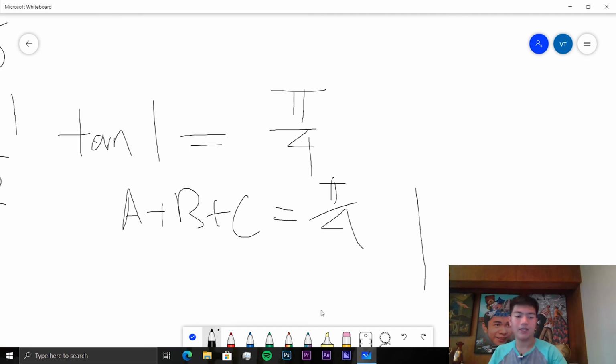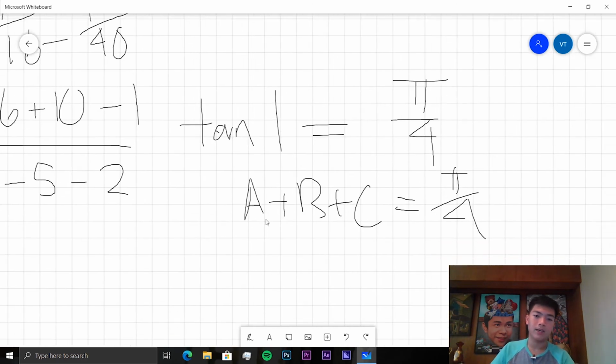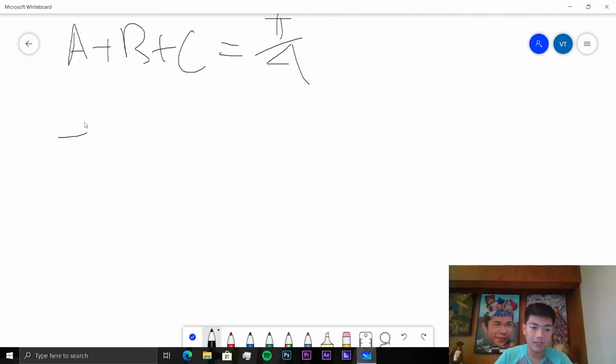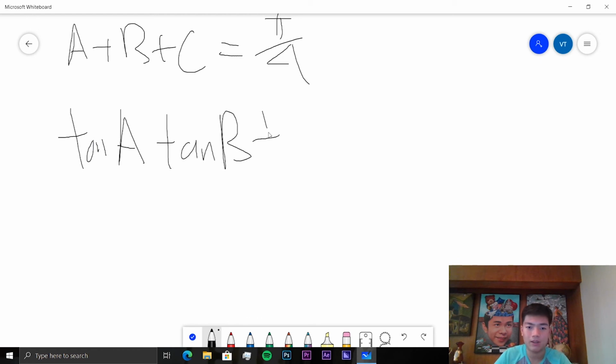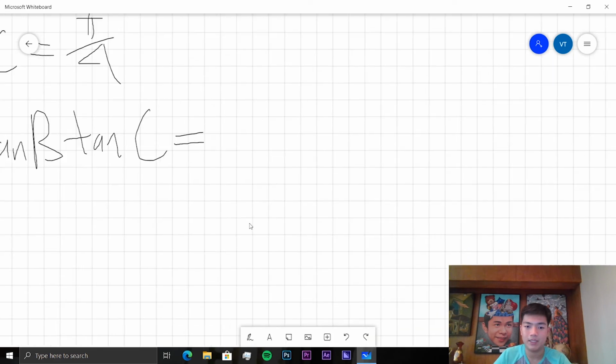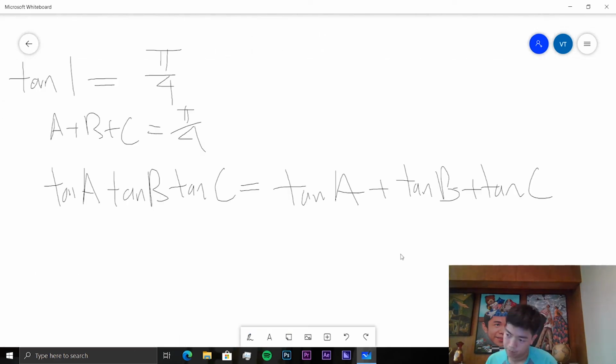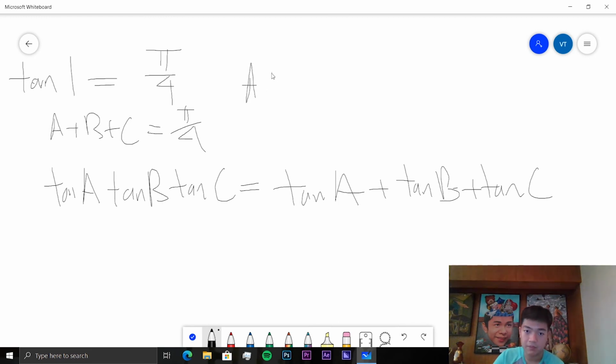Anyways, ignoring that, we need to prove more or less that tan A plus tan B plus tan C equals the product. Maybe the triangle part is important. So they sum up to 180. So A plus B plus C is equal to 180.